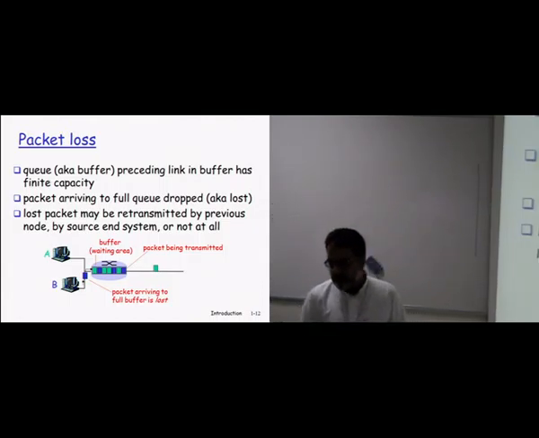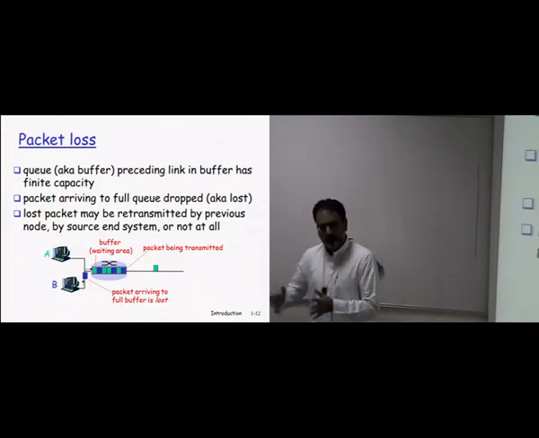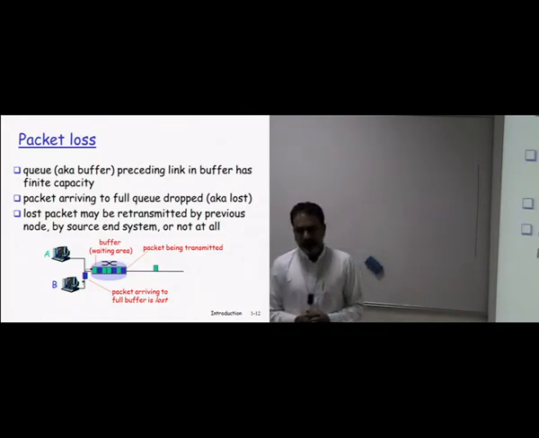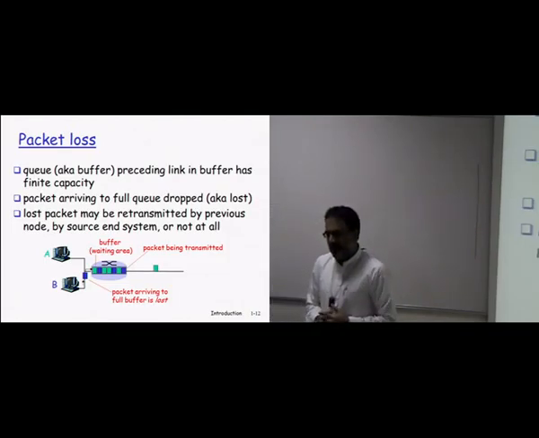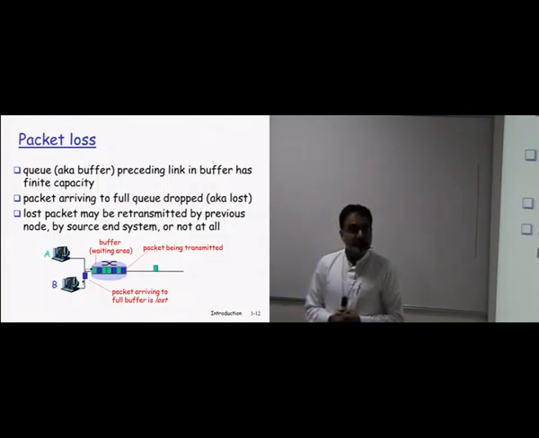Delay, who said delay? If it enters the queue, then it will start facing the delays. If it does not get the space to enter into the queue, it will be dropped. So there is no question of delay right now here.